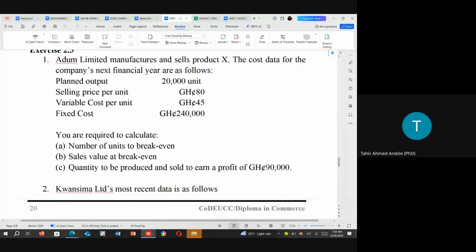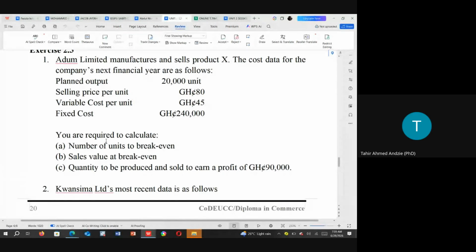So therefore, fixed cost 240,000 divided by 35 Ghana cedis gives 6,857.14 units. Yes, let's leave the 0.14. So 6,857 units.